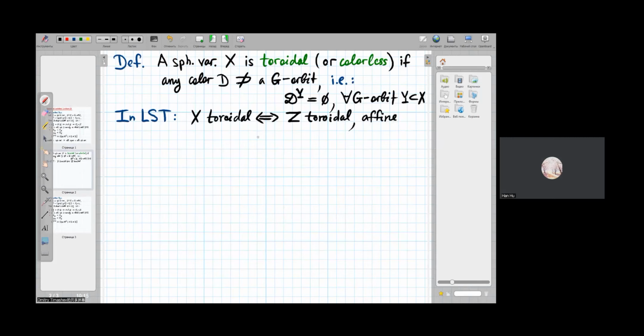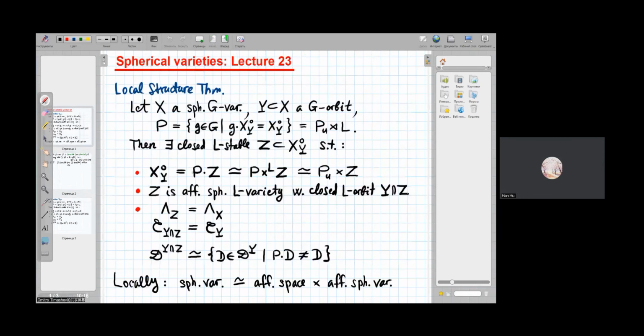And this implies that actually every regular function. Isn't Z always affine? Z is always affine in the local structure theorem, just because it is a closed subset in an affine open subvariety.